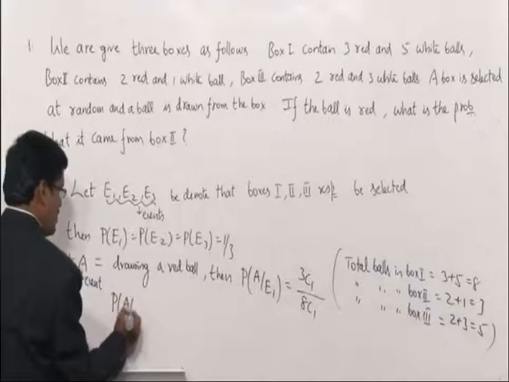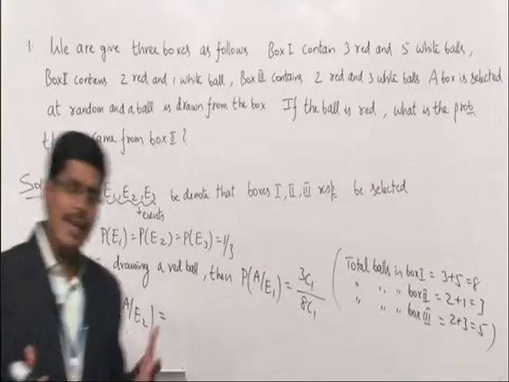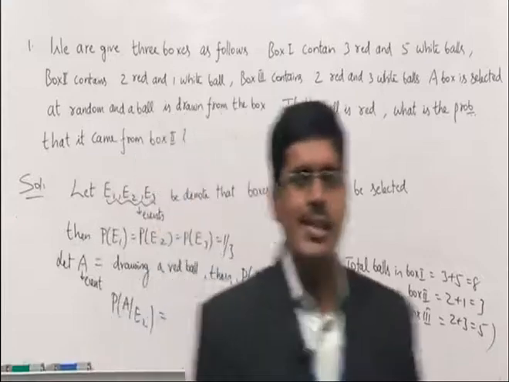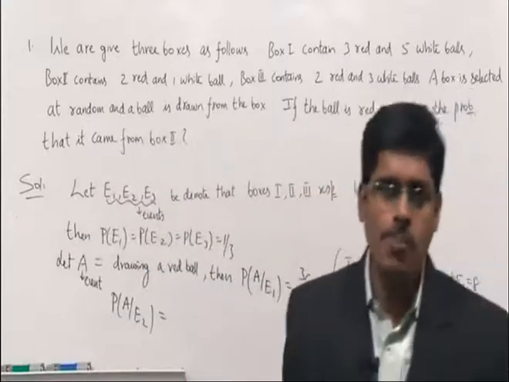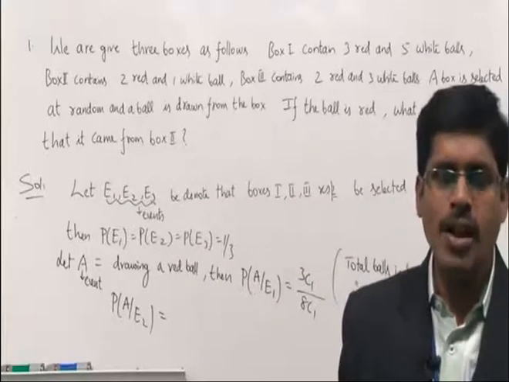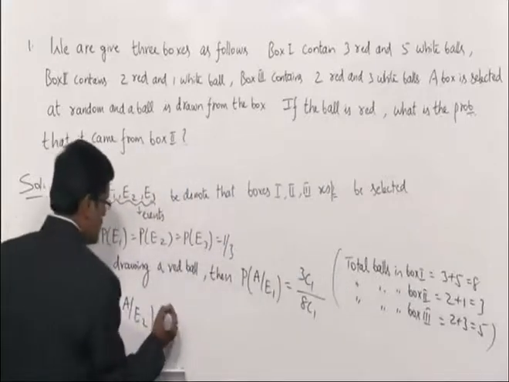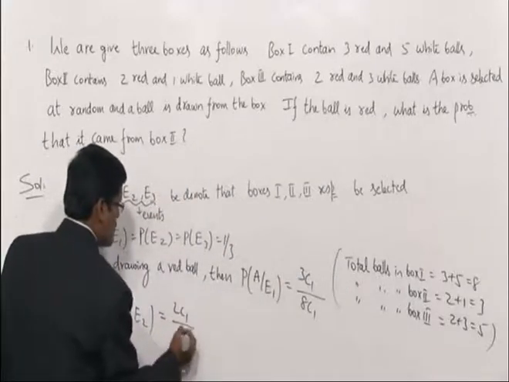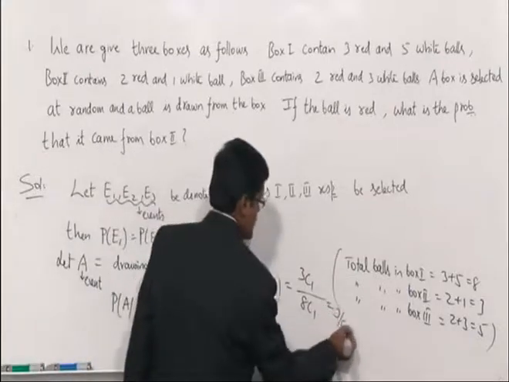And we have to find P of A given E2. Suppose the second box is selected and then again we pick a red ball. In the second box, there are 3 balls in total, out of which 2 are red. So the probability of drawing 1 red ball from the second box is 2C1 by 3C1, that is 2 by 3, and here this is 3 by 8.